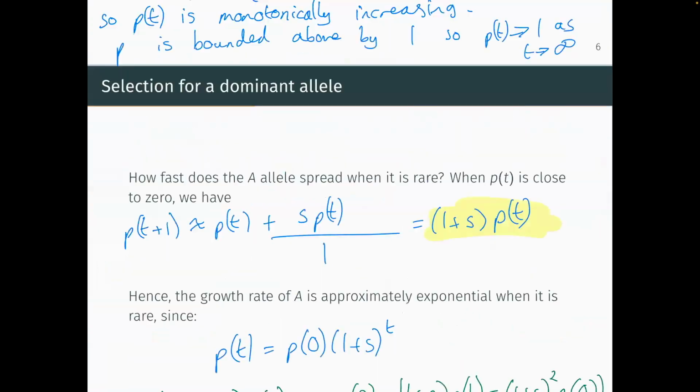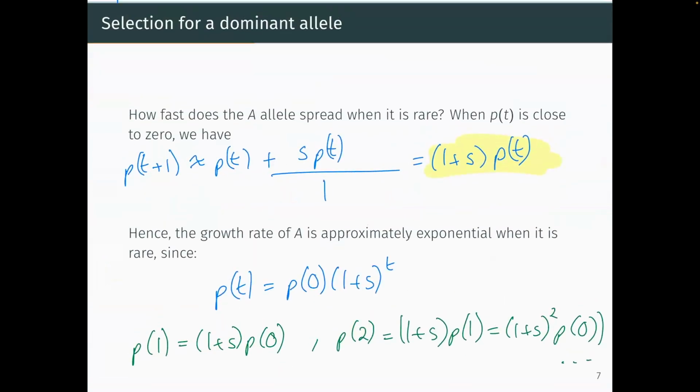We've framed everything in terms of selection for a dominant allele, selection for a recessive allele. But if you think about things from the perspective of the little a allele, it's selection against that. We've talked about when things are common versus when things are rare. We can think about, again, the scenario of a rare big A allele spreading into a population that's advantageous. That's exactly the same scenario as thinking about our little a allele being selected against.